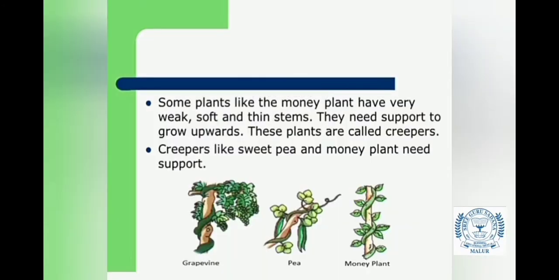Some plants like the money plant have a very weak, soft and thin stem. They need support to grow upwards. These plants are called creepers. Creepers like sweet pea and money plants need support. So the creepers and climbers always need support to grow, right children?